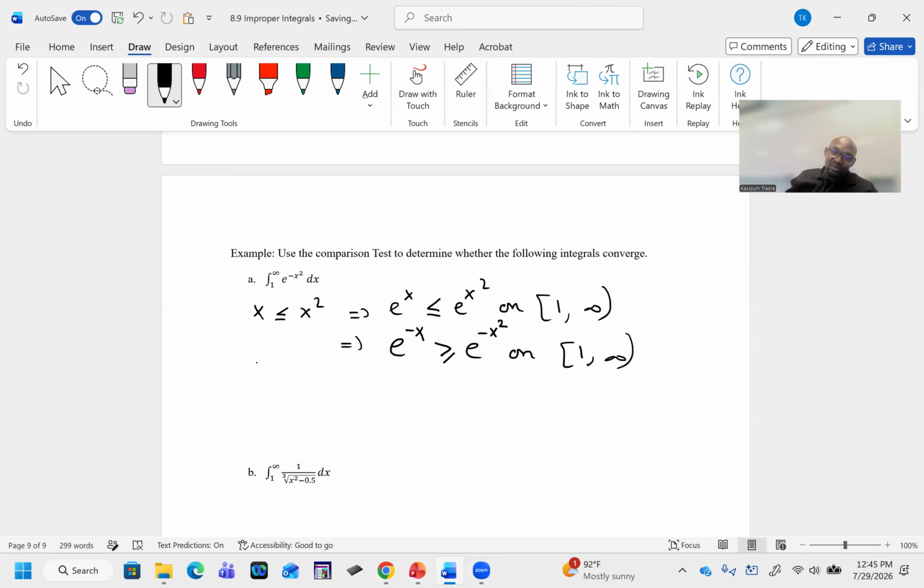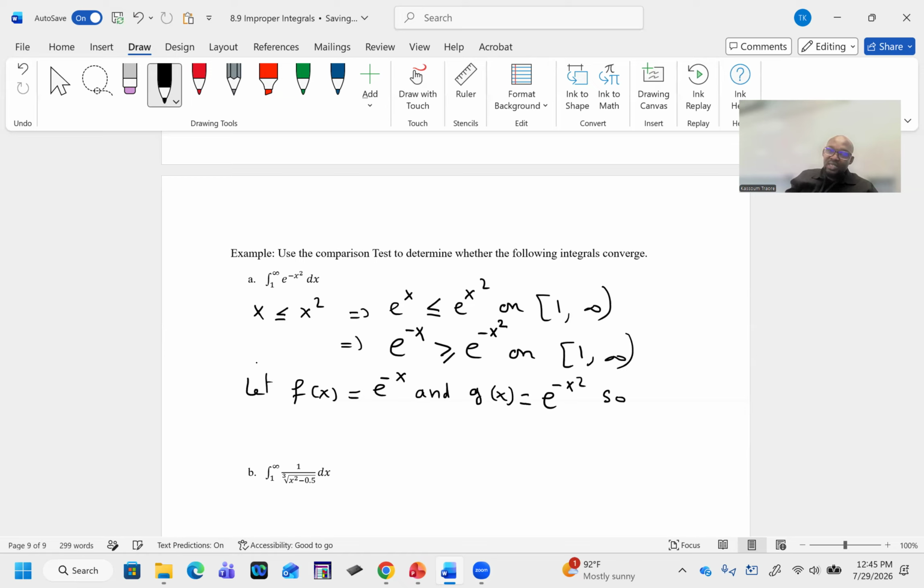Therefore, we are going to let f of x be equal to e to the power of negative x and g of x be equal to e to the power of negative x squared.